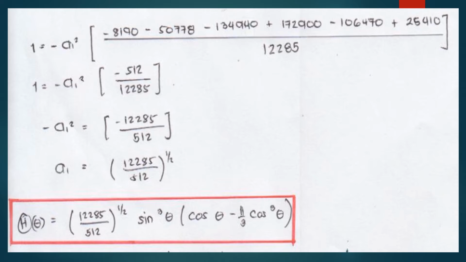So the value of our A1 is equal to the square root of 12,285 over 512. So the final answer for our theta function is equal to 12,285 over 512 raised to 1 half, sine cube theta times cosine theta minus 11 over 3 cosine 3 theta.